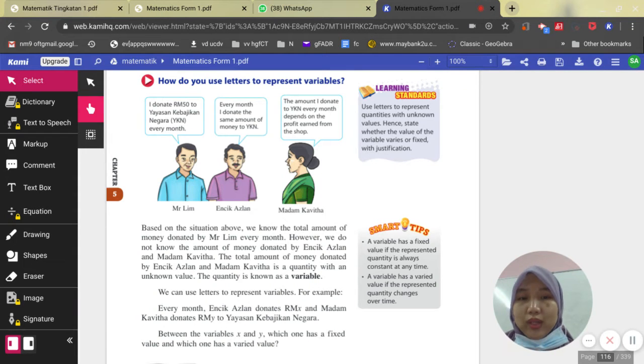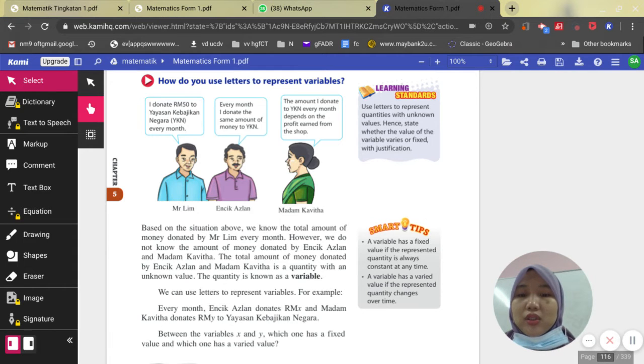So between these three, Mr. Lim mentioned the value, which is 50 ringgit, so there is no need to use a variable. But for these two persons, Encik Azlan and Madam Kavita, we need to use a variable to represent the value.